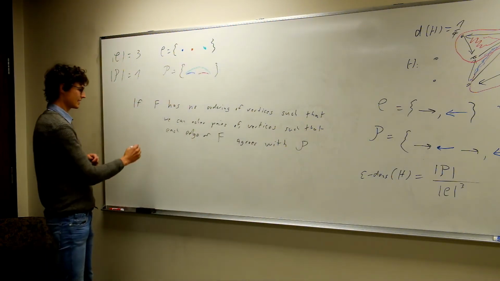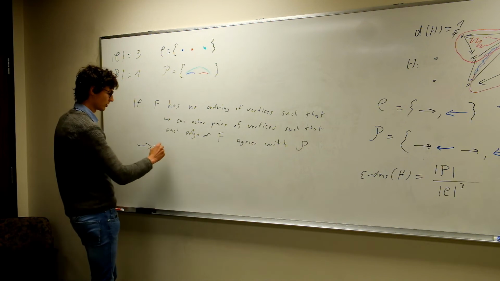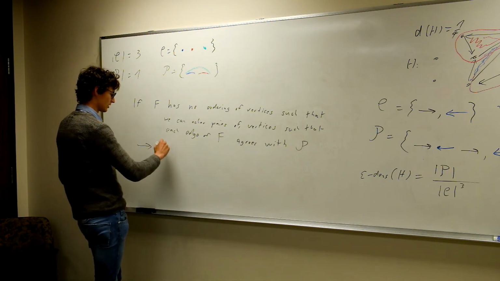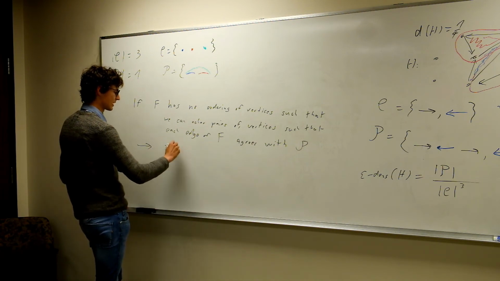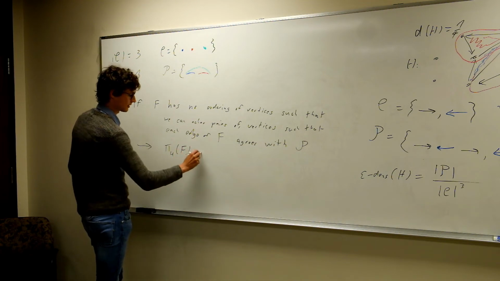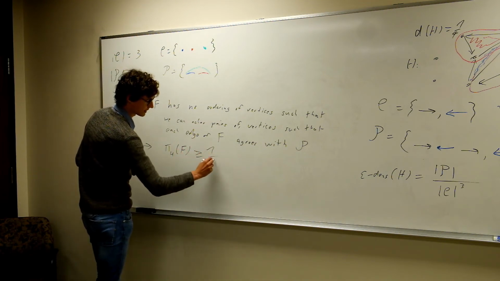So if that's the case, then we know that the uniform Turán density is at least 1/27.